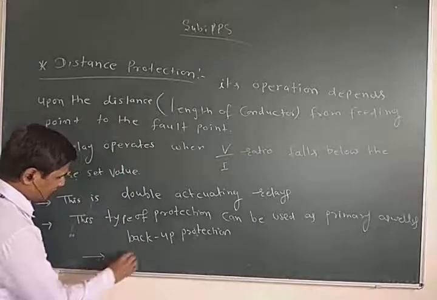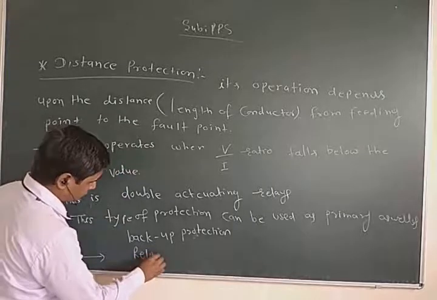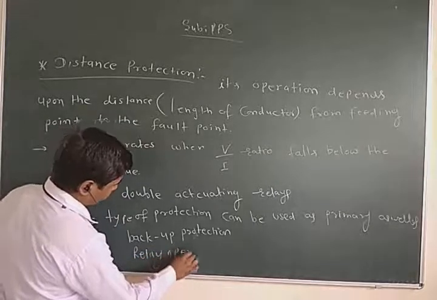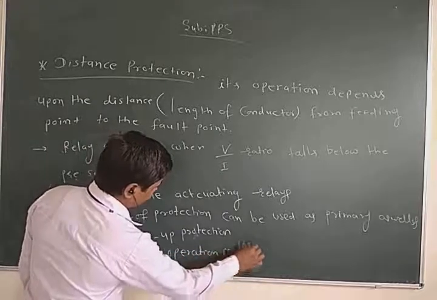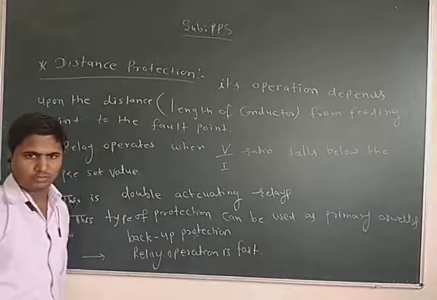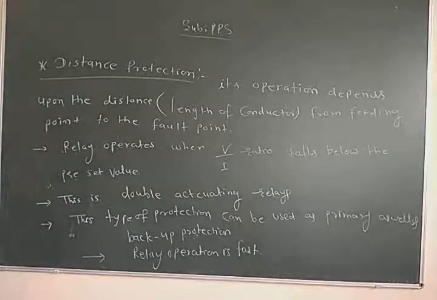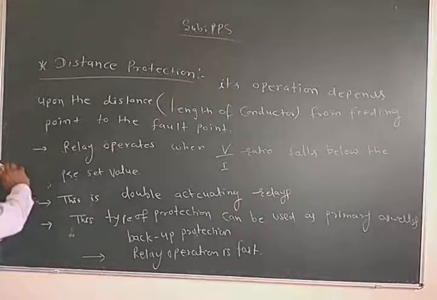So relay operation is fast. So this type of protection is used for the protection of transmission lines, or it also replaces the overcurrent protection due to fast operation.